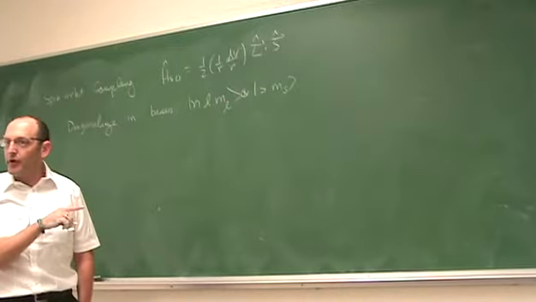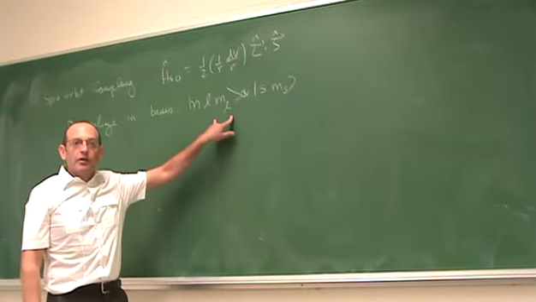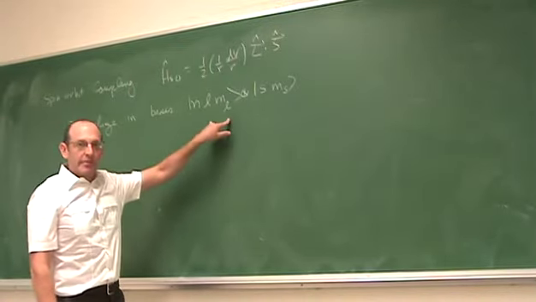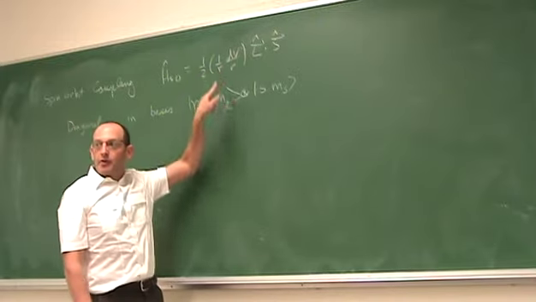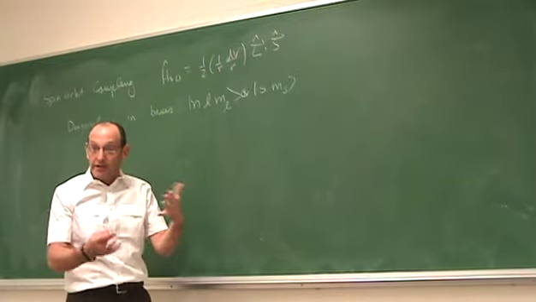Right? These were our zeroth order basis vectors. We're writing a matrix representation of this observable in this basis. And then we wanted to diagonalize it.